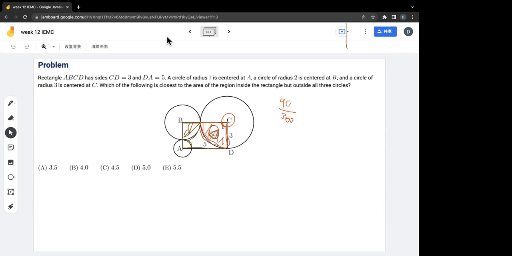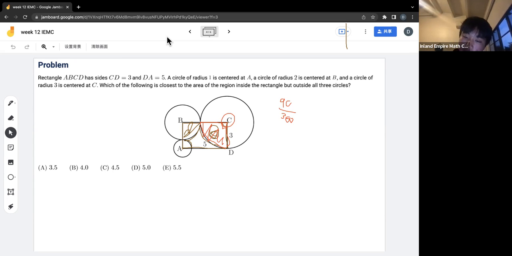This is actually quite advanced geometry. So if we know that this piece has a quarter of the area of the entire circle, then all we need to do is find the area of the entire circle in order to find the area of each of these little quarter sectors.